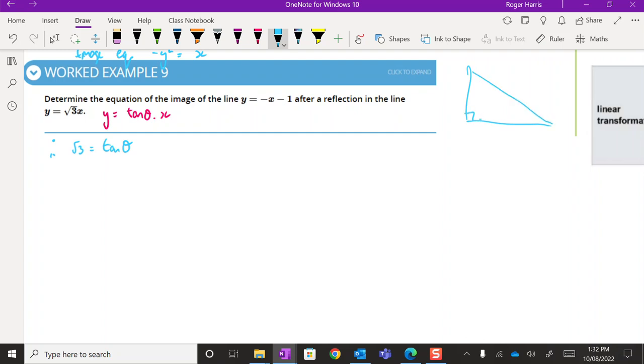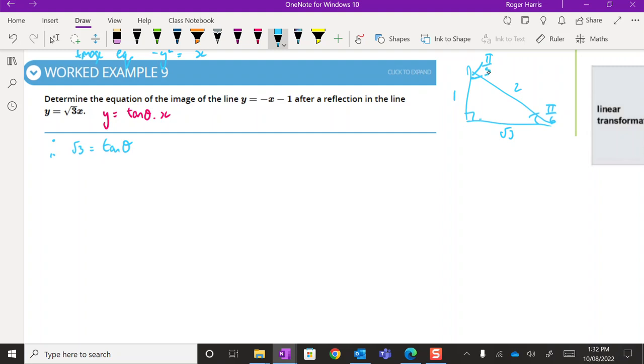So my theta there is going to be, what was I doing? So I was doing 1, root 3, 2, opposite or adjacent.